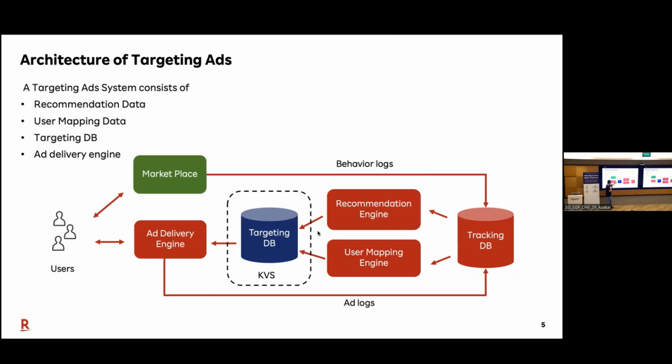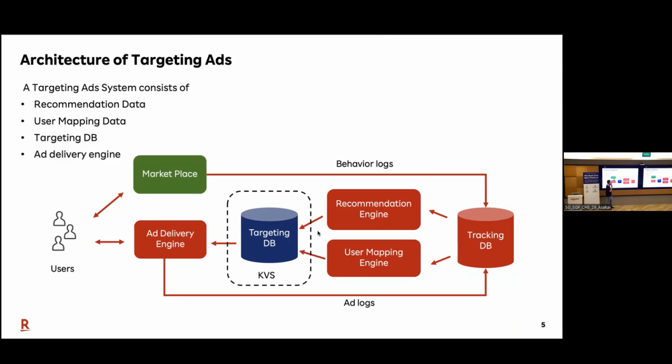But there are two kinds of data exchange here. When the user comes into the website, we know the cookie. Or if they are using mobile phones, we know your mobile ID, for example, the ad ID in Android or iOS. If you opt out of the tracking of the ad ID, of course, we don't know you.